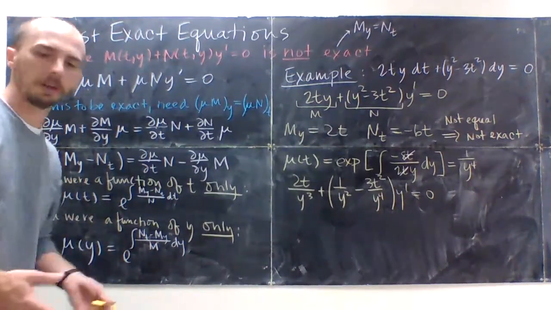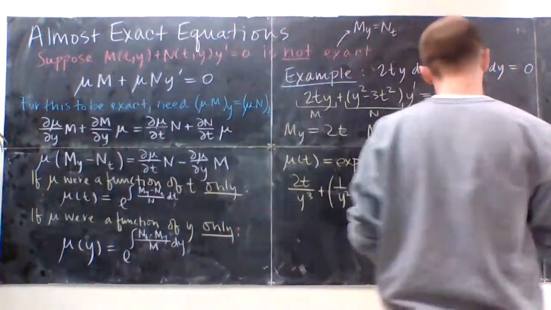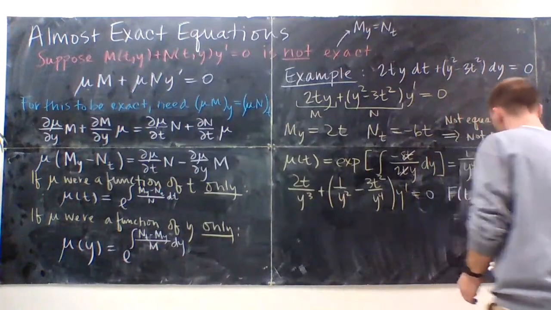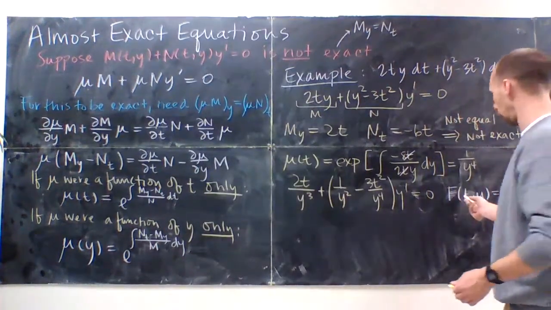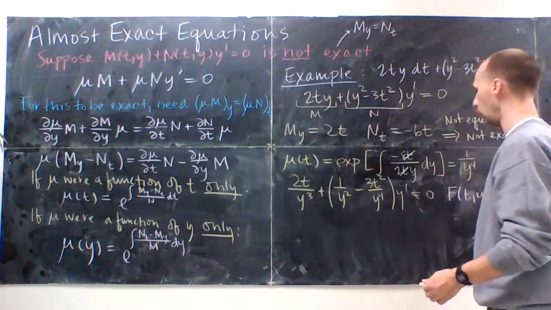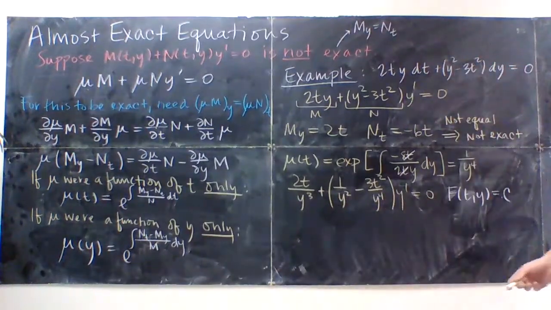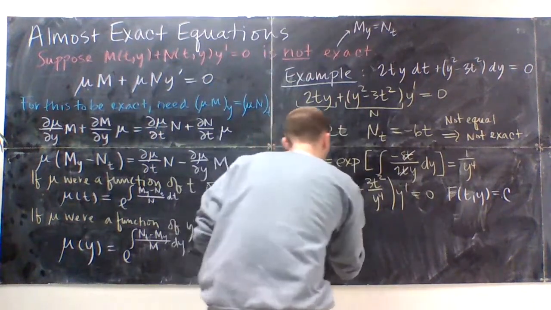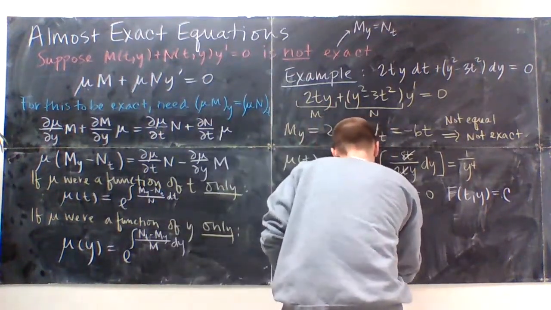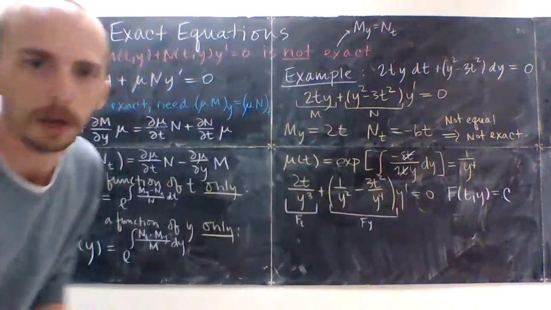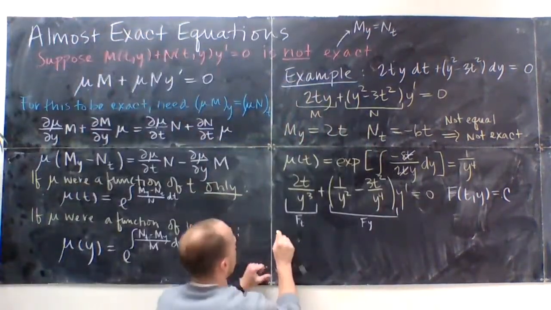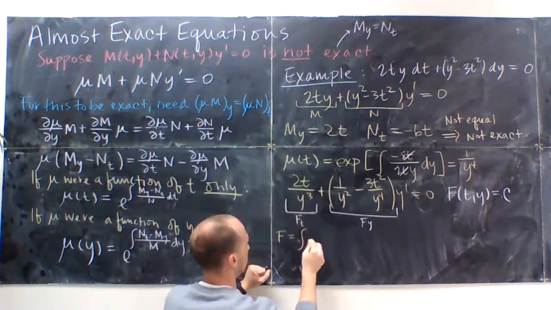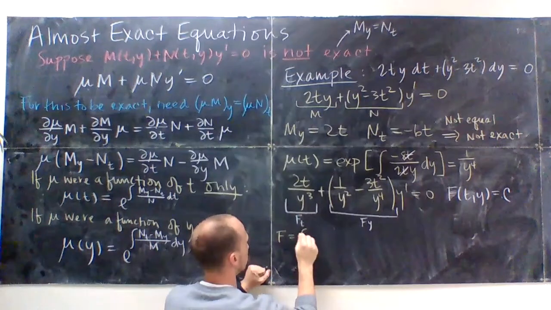And so I know that the solution is going to look like f of t and y equals c, where f_t is equal to that and f_y is equal to this. So my conclusion is that f can be written as the antiderivative of this with respect to t.